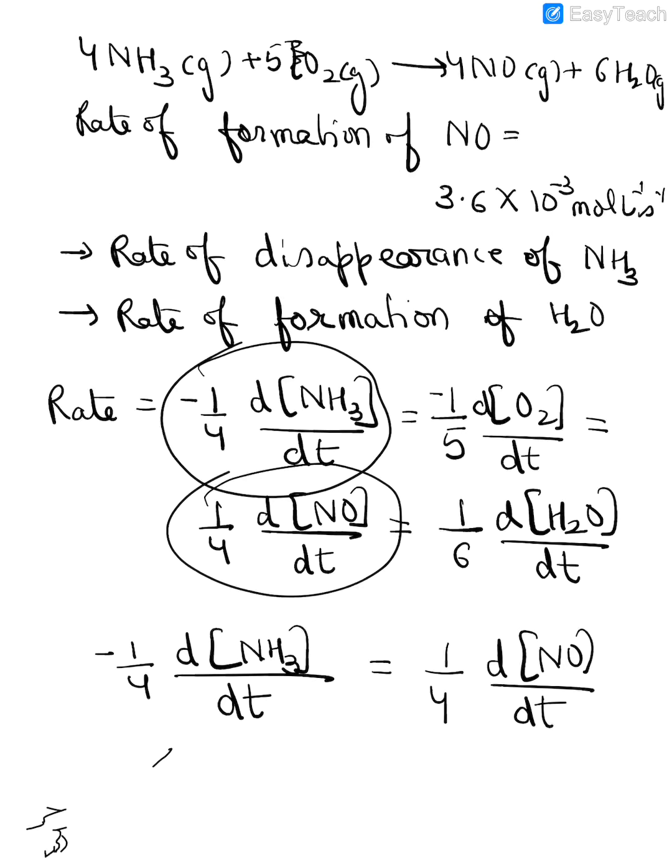That means this can be cancelled. So the rate of disappearance of ammonia will be equal to the rate of formation of NO, that is 3.6 into 10 to the power minus 3 moles per liter per second.